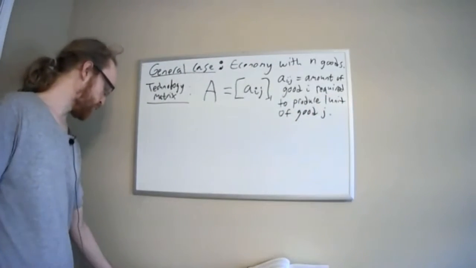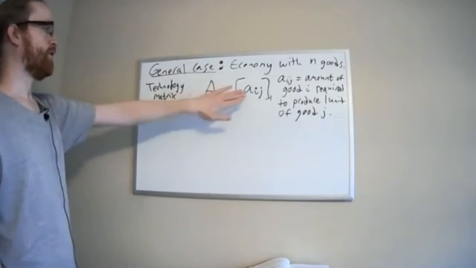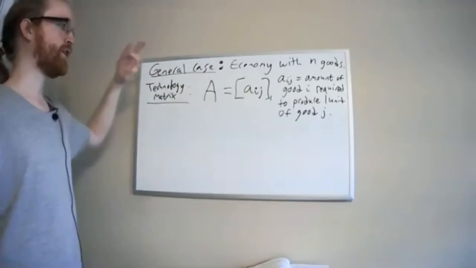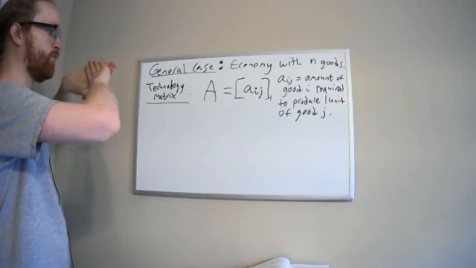So if I label the rows and the columns by the goods, then the entry in the ith row is just how much of good i I need to produce 1 unit of good j.